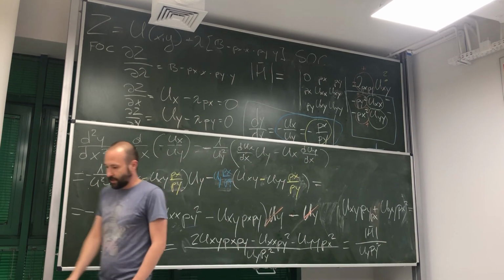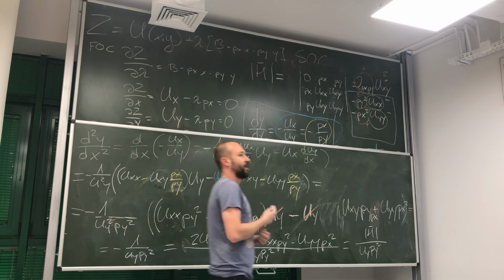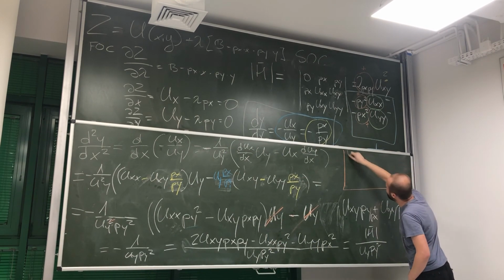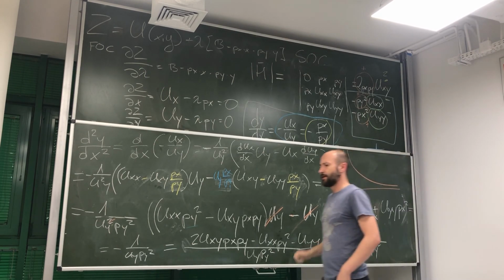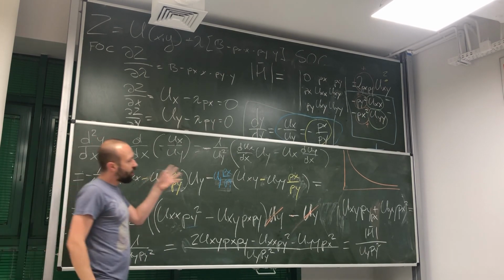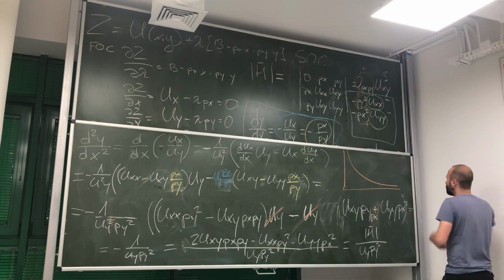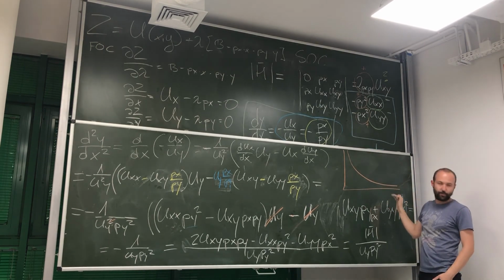And by assumption, we said that the indifference curve has a very specific shape. How do we call this shape? It's convex, right? A convex shape can be either decreasing or increasing, but of course we are interested in the decreasing part.